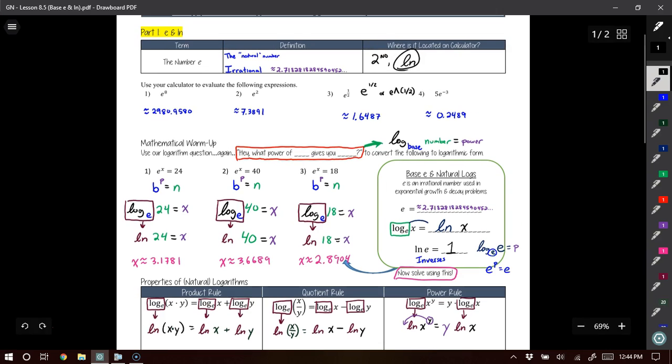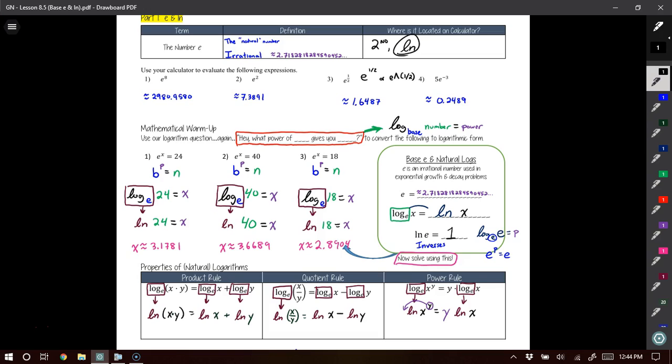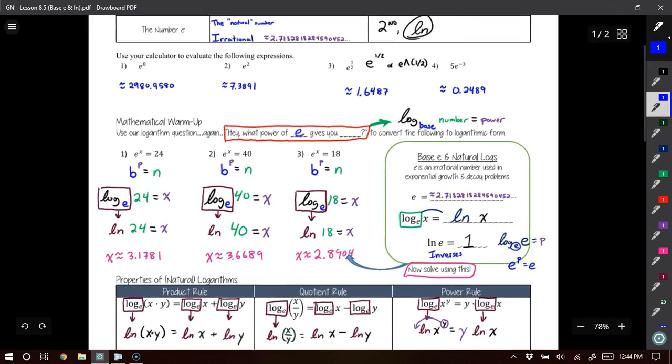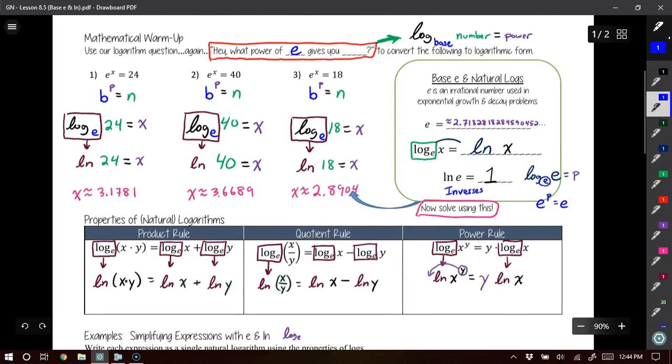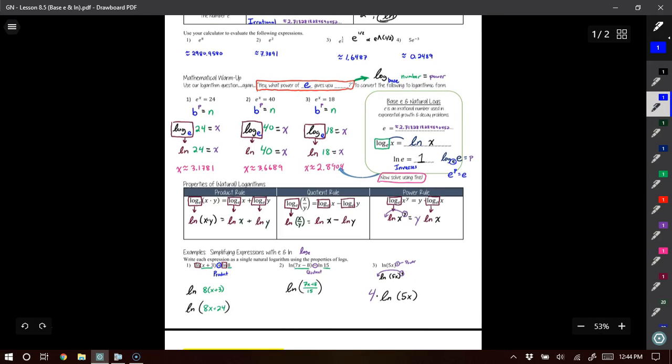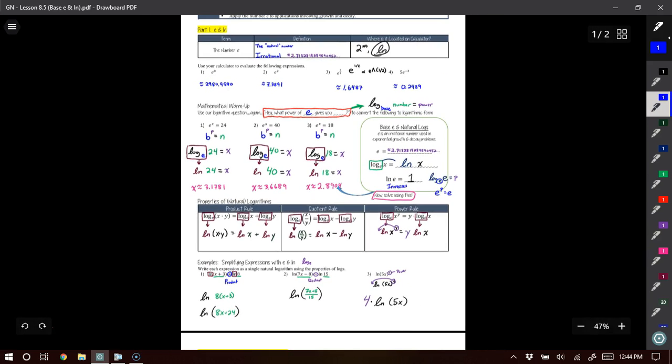When you're dealing with natural logs, your base is always e. And so what power of e gives you blank is your question every time you are dealing with natural logs. So this is the part 1 video. If you have any questions, please reach out.